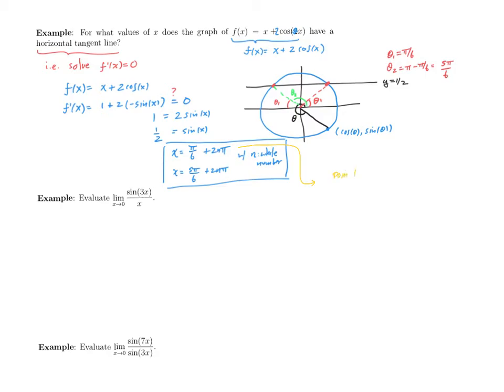The points on the curve would be of the form: an input pi over 6 plus 2n pi, and then whatever we get from the function as an output when we plug in that point. So as usual, make sure to read the question and answer whatever has been asked.